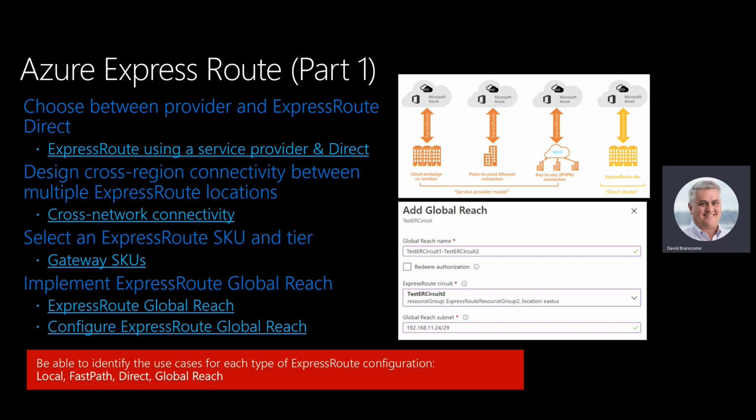So you would establish a connection with ExpressRoute into Microsoft's network and then use Microsoft's worldwide network as a way of connecting your data centers. Global Reach does require an ExpressRoute premium SKU to enable that connectivity between the different geopolitical regions. So it's a good idea to understand the use cases for each type of ExpressRoute configuration, whether you're talking about local, FastPath, direct, or global reach.